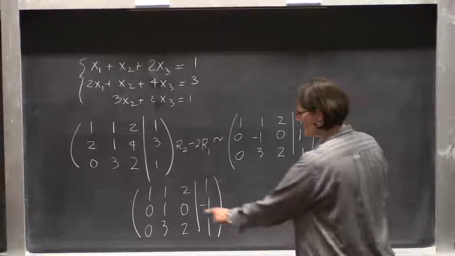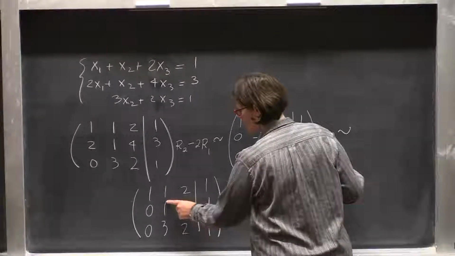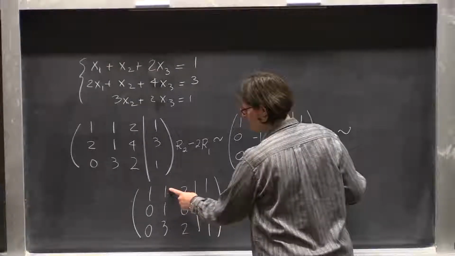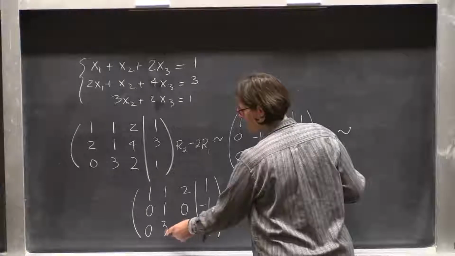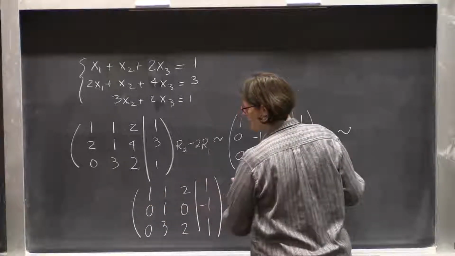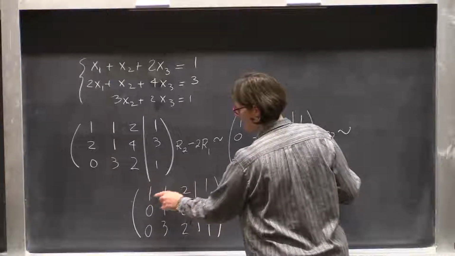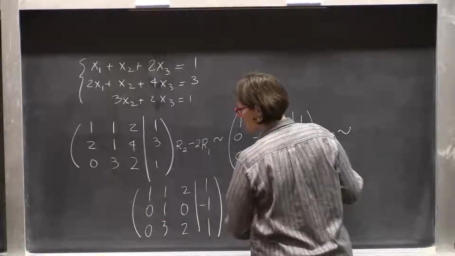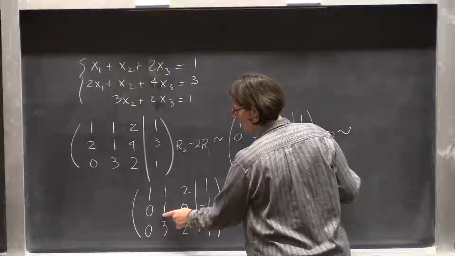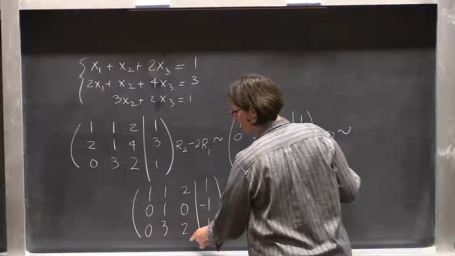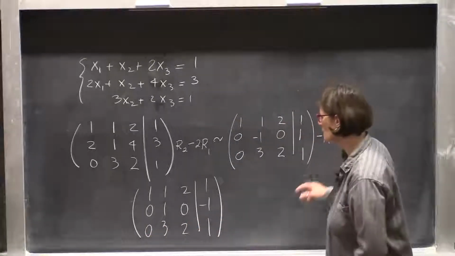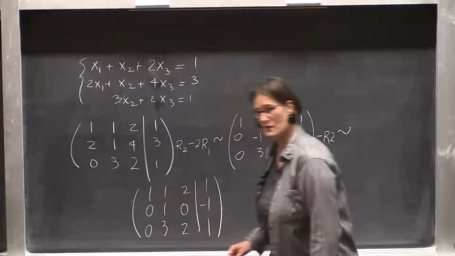I'm going to use this 1 to knock this out, and I'm going to use this 1 to knock that out. Because my goal is equation 1 is going to give me information about x1. Equation 2 is going to give me information about x2. And one hopes equation 3 will give me information about x3. So I'm going to use this 1 to knock that and that out.